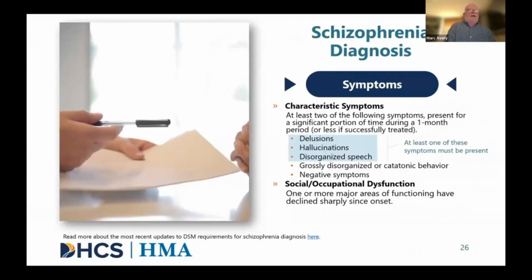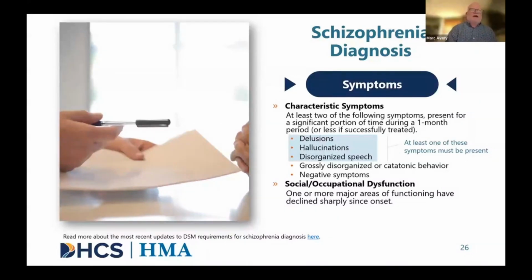So, how do we get to that more specific diagnosis of schizophrenia? What are the requirements for this? Well, schizophrenia, as I mentioned, is diagnosed by a mental health professional who's trained in the use of the diagnostic criteria in the DSM-5. The diagnosis is made by collecting information and talking to the person after all the other possible causes of the symptoms have been ruled out.